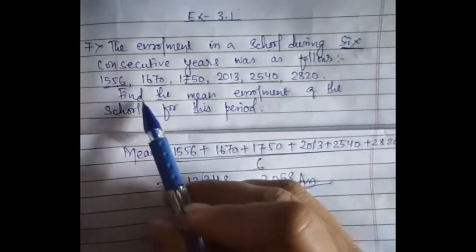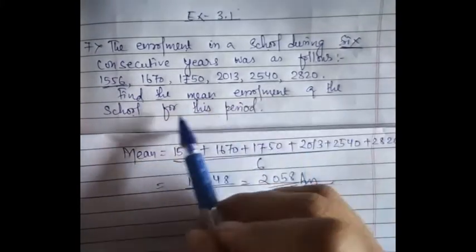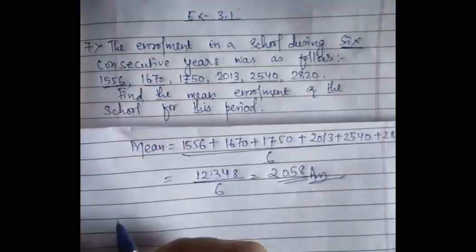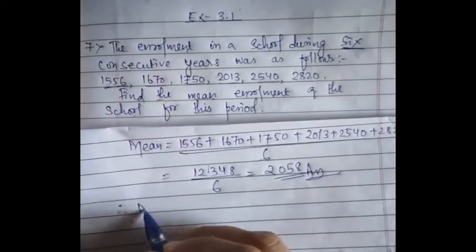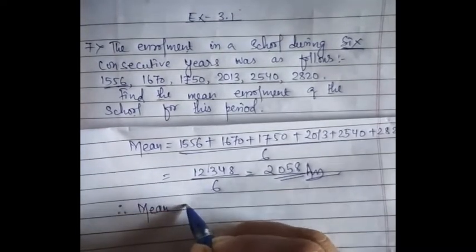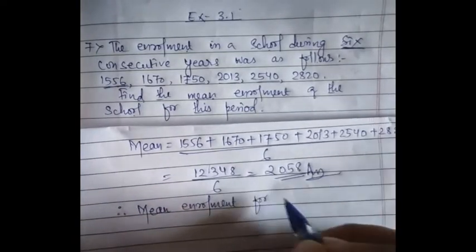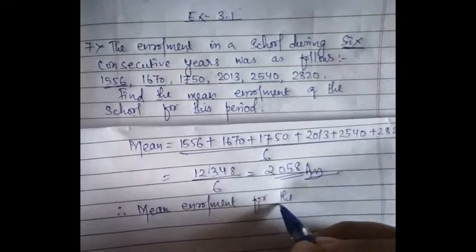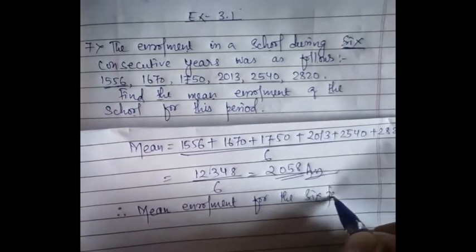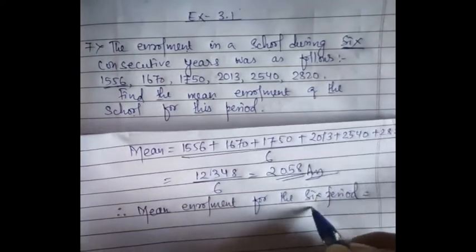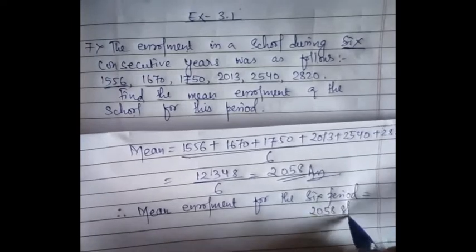So find the mean enrollment of the school for this period. We have to write, therefore, the mean enrollment for the 6-year period is equal to 2058 students.